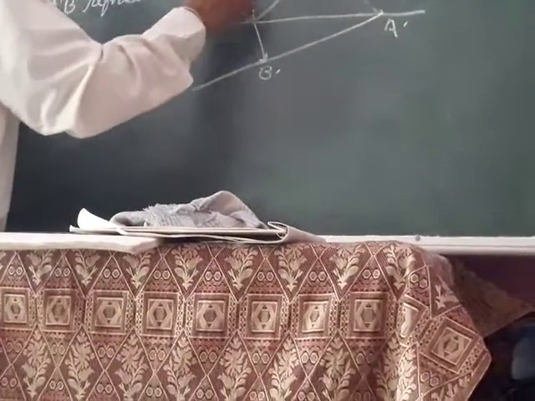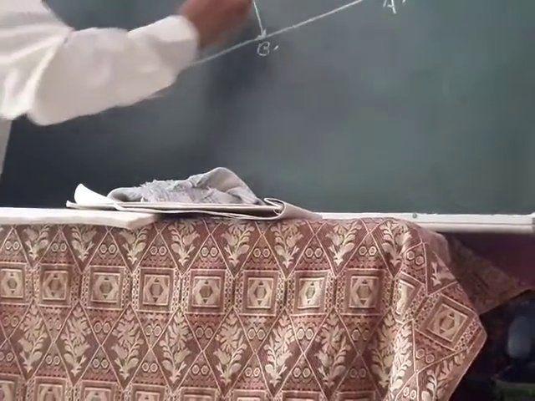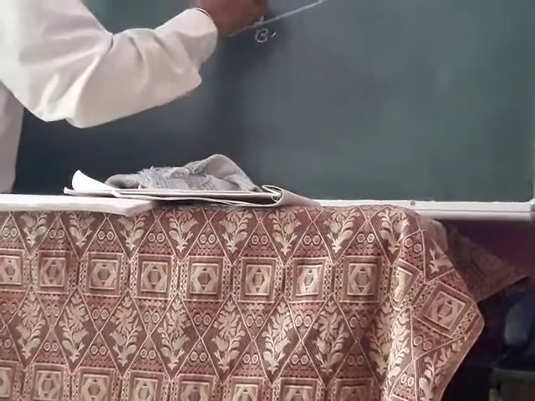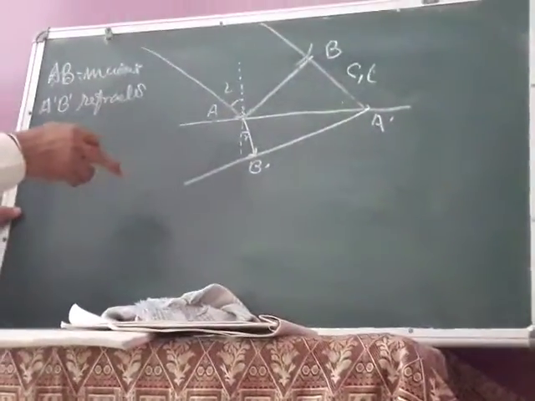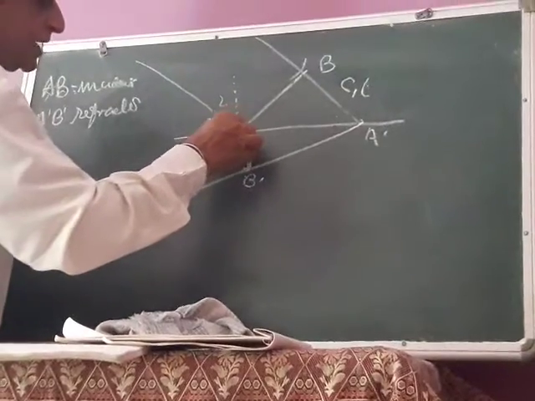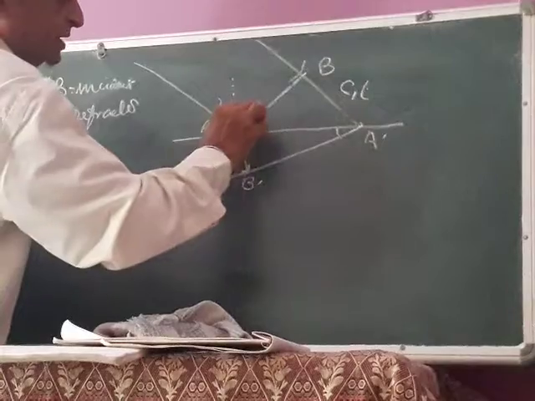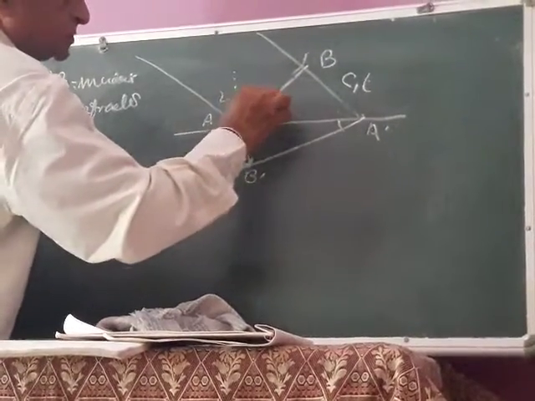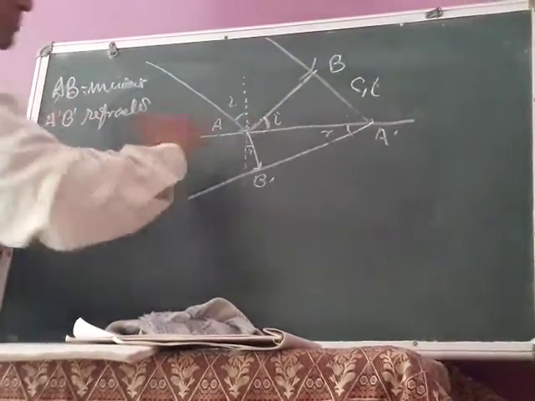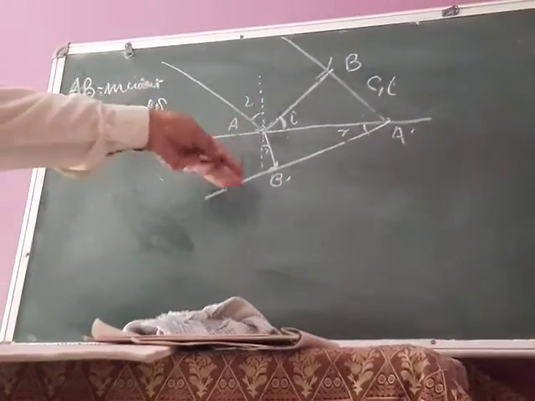This is the incident angle. This is the refracted angle. Simple geometry will say this is the incident angle and this is the refracted angle. Simply deduct these from 90 and you will get it.